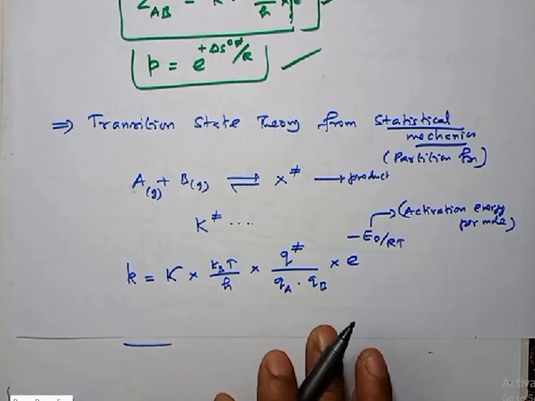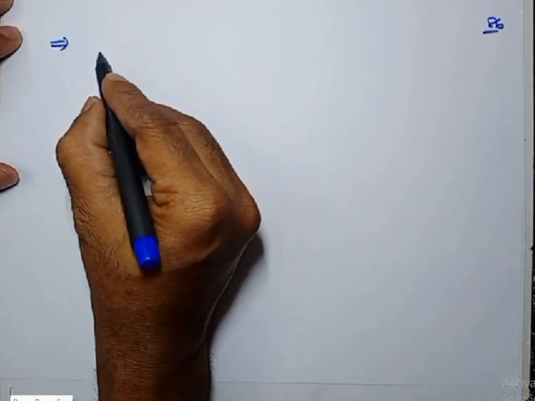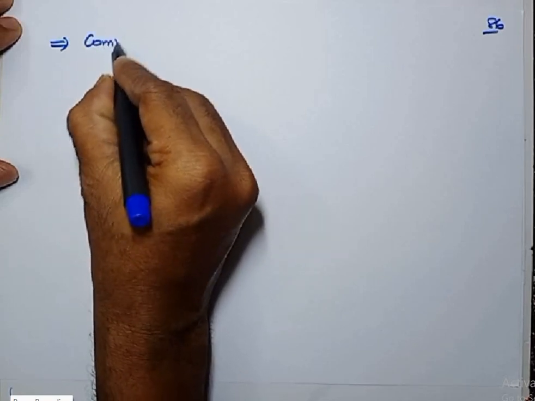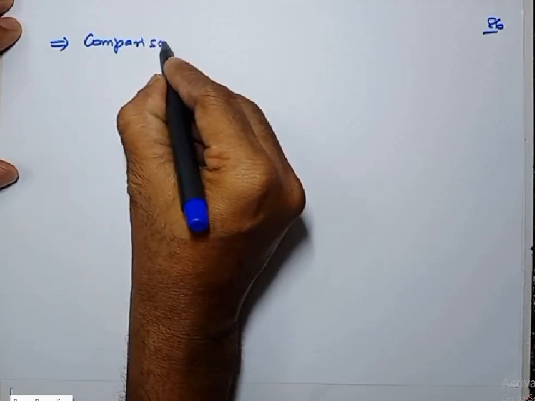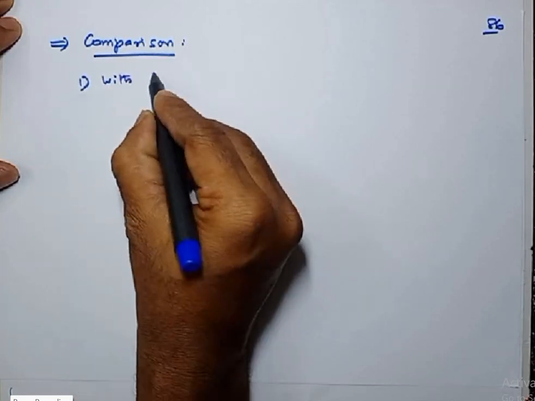Right? Take two. Now we'll compare this equation with the Arrhenius equation and the collision theory equation. First, let me compare with the Arrhenius equation. Comparison number one, with the Arrhenius equation.